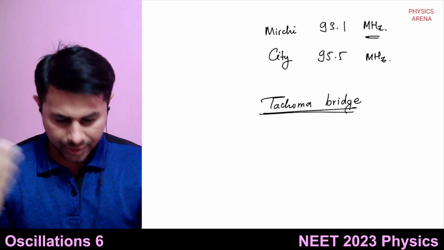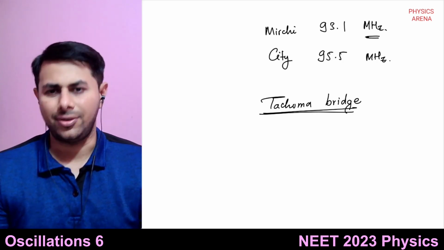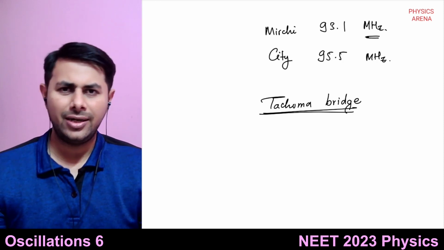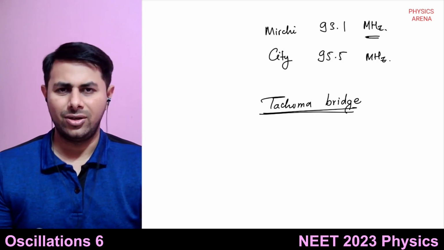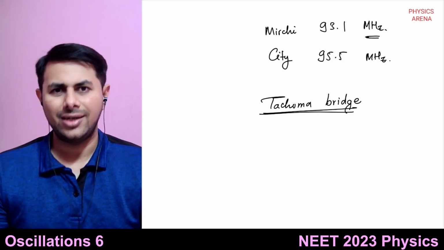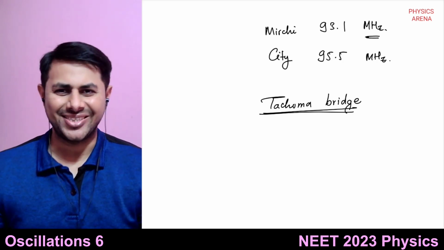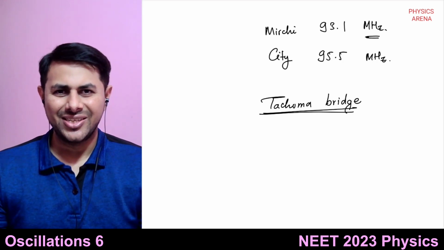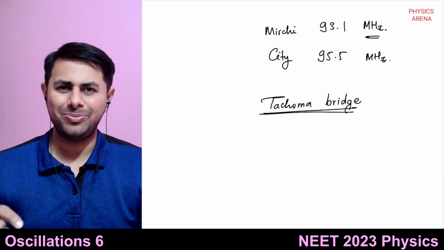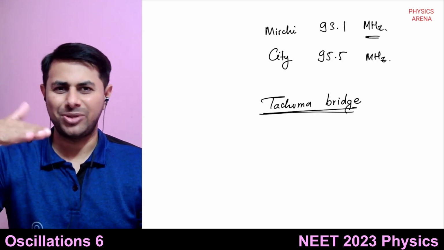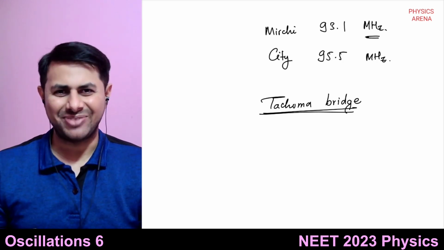Suppose there is a closed hall and somebody is singing or performing something, and the crowd is cheering in unison with each other. If the frequency of the cheering crowd matches the natural frequency of oscillation of the roof, then the roof might collapse.